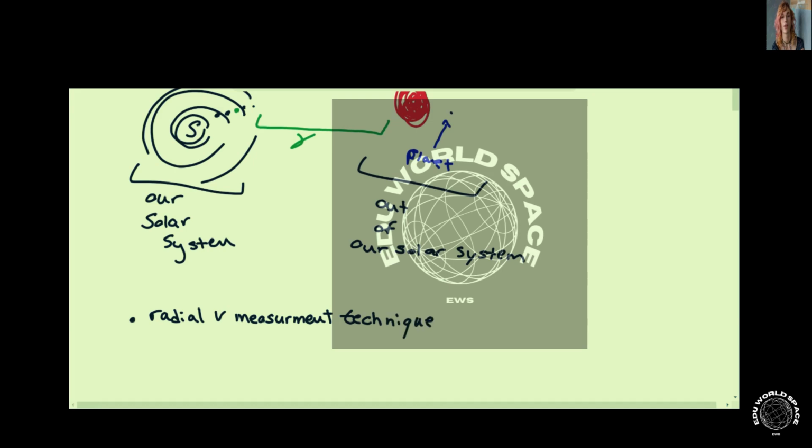Okay, and that's one of the reasons. From this technique, the shapes and sizes of extrasolar planets are discovered. So we can put it down in green: shapes and sizes are discovered. The planets detected through this technique are close to their star and very massive.